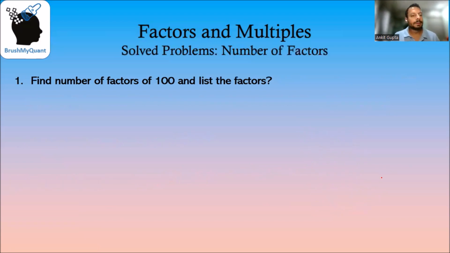Let's take an example. Find the number of factors of 100 and list down all the factors. Let's try and simplify 100 first. 100 can be written as 4 into 25, or as 2 square into 5 square. That means the number of factors will be 2 plus 1 multiplied by 2 plus 1, which will be a total of 9 factors.